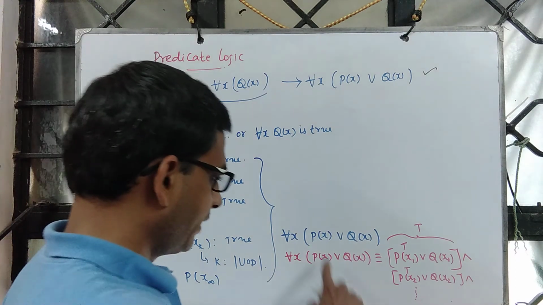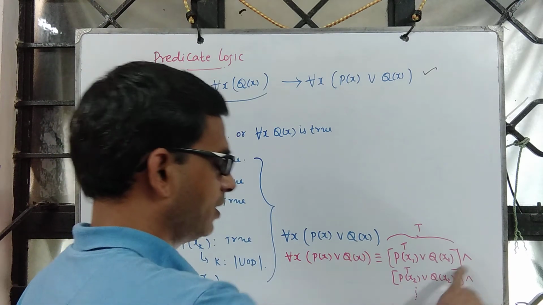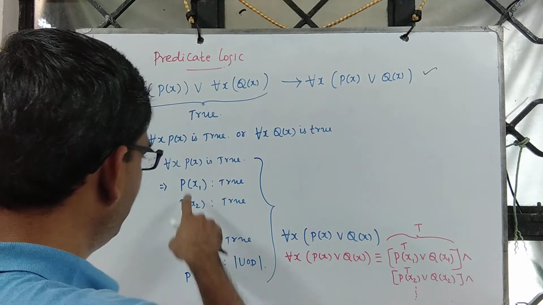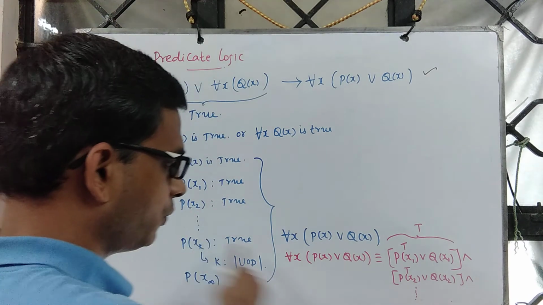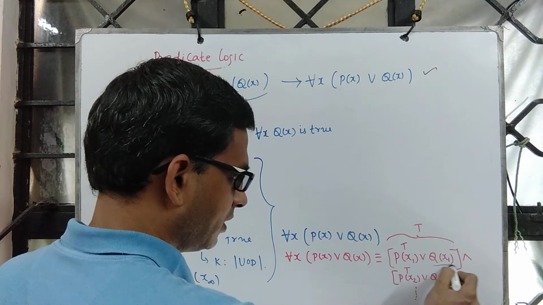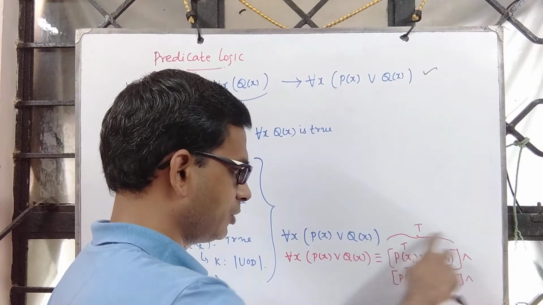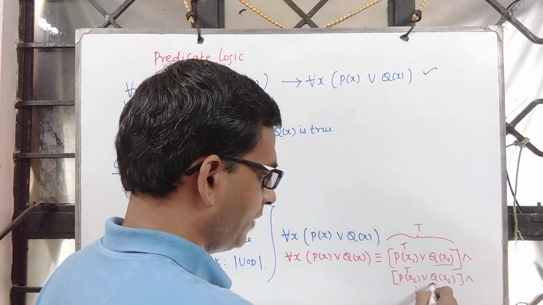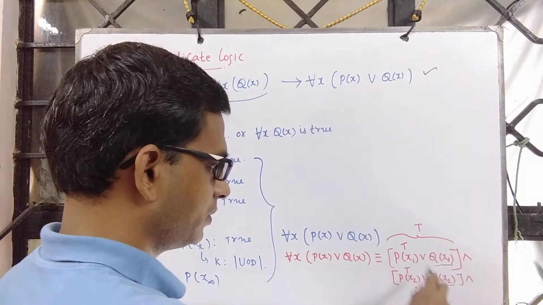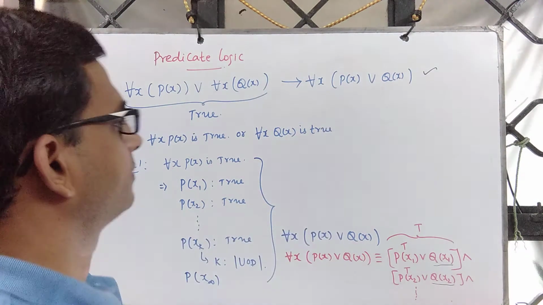Reason: if you expand this, you get p of x1 or q of x1, and with respect to the second variable, the third variable, and so on. But we know p of x1 is true, therefore this is true, independent of what q of x1 takes. Whether it is true or false, this is true because p of x1 is true. Similarly, independent of what q of x2 takes, this expression is true. So we get true everywhere, and I can conclude this.